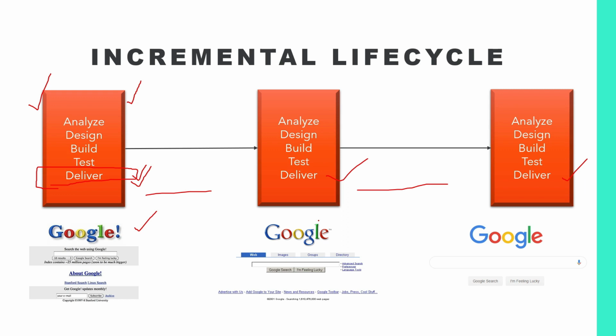There were multiple deliveries involved. Google didn't wait for 25 years to come up with this homepage and then go live, right? They went live here itself, and then based on feedback, based on input from other stakeholders, they basically changed their designs, made it better, refined it. So that's how incremental life cycle is used.